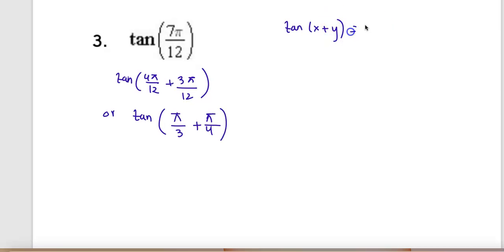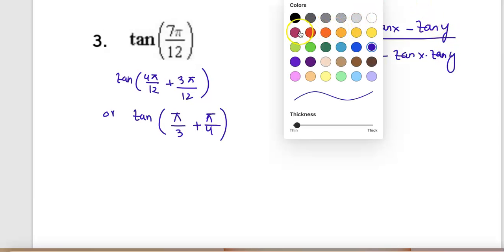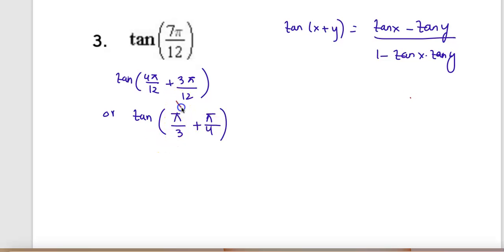So it is tangent x minus tangent y over 1 minus tangent x times tangent y. So this will be my x, that's my y. So let's plug in the values over here. Tangent x, this will be tangent pi over 3 minus, is it a minus or plus?